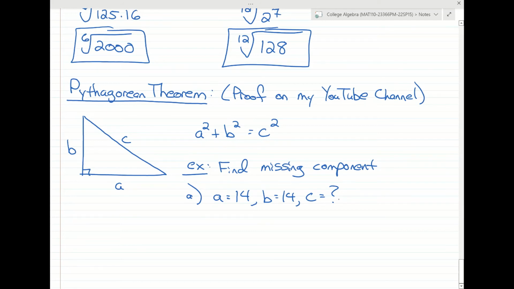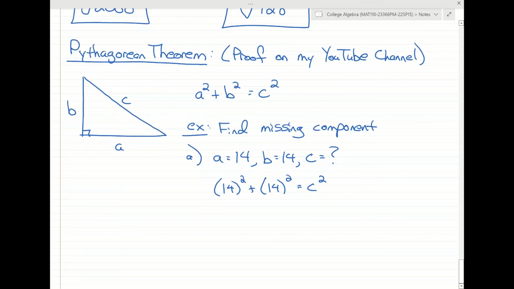This formula is a little more straightforward. We could just plug it in. So if A squared plus B squared is C squared, we'll do 14 squared plus 14 squared. Calculator, 14 squared is 196.